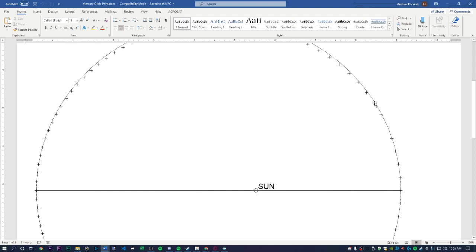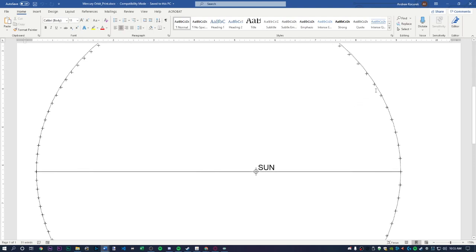Your base is going to be the longest side of the triangle, and it's always going to be the side that is closest to aphelion. So it's going to be this side. It's not going to be the side that's closest to perihelion.